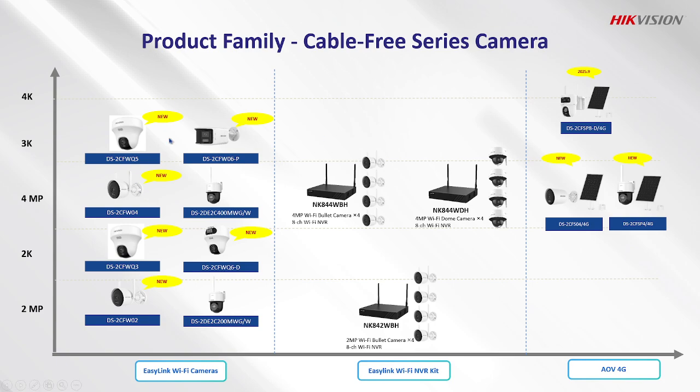Actually, let me start with EasyLink Wi-Fi cameras. So you can get Wi-Fi cameras from HIKVISION. That's the first option that you would go for. Then you have the NVR kit. So you'll get Wi-Fi cameras plus an NVR. The benefit with this over the NVS is that with an NVS you cannot display to the local screen.